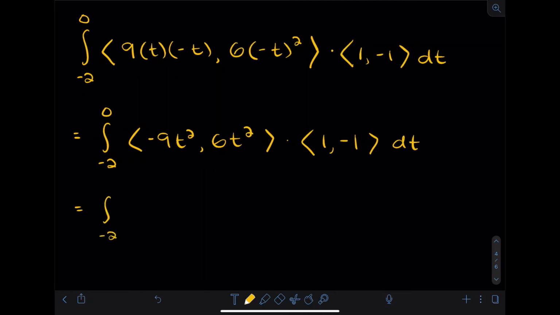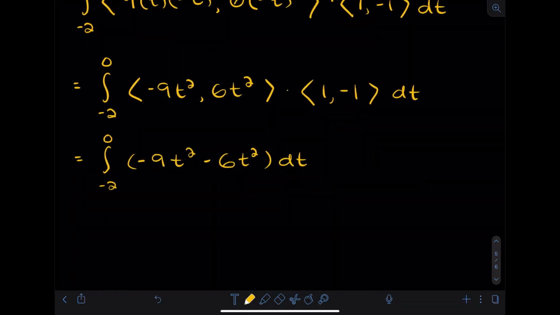And when we do that dot product, we are going to get minus 9t squared. And we are going to be adding the negative 1 multiplied by the 6t squared, or just having minus 6t squared dt. And now again, this is a very simple function to integrate. Let's do that.